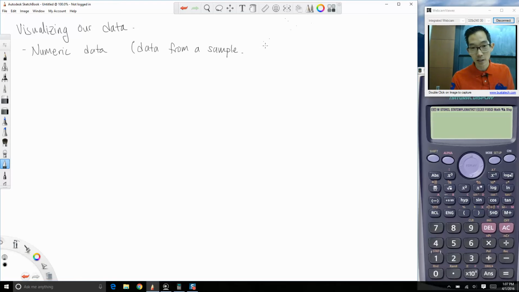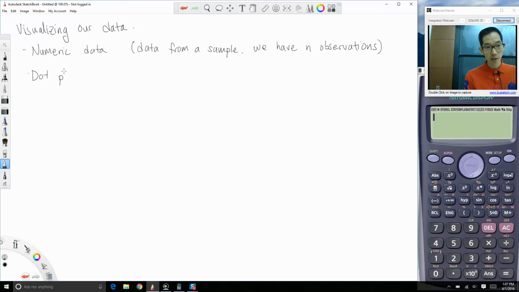N, okay? So we have N observations. Okay, and so one way to create a visualization of data is the dot plot.